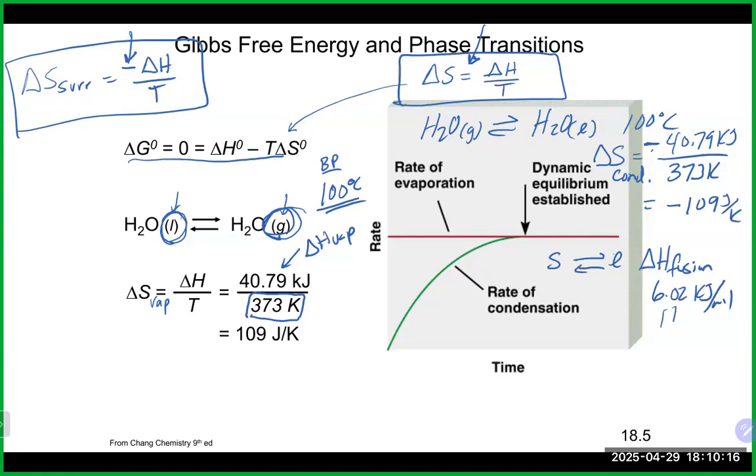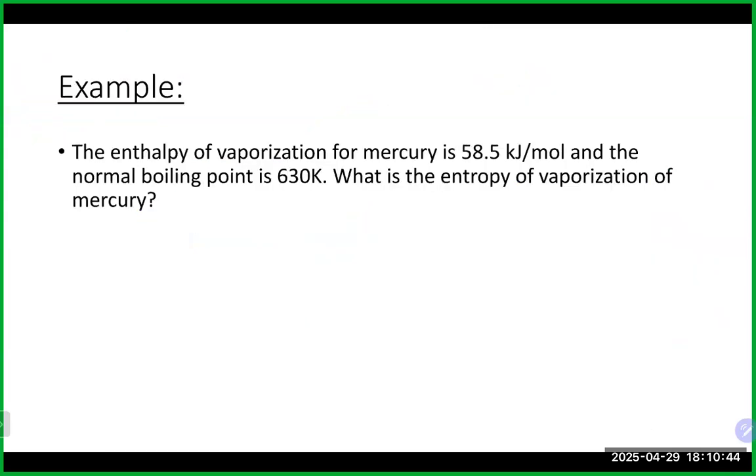It would be the same idea going from solid to liquid: that's an endothermic process, energy has to be put in, and the delta H would be a positive number. If you had a liquid to solid transition, that is an exothermic process, and the delta H of fusion would be negative. Any questions on that?